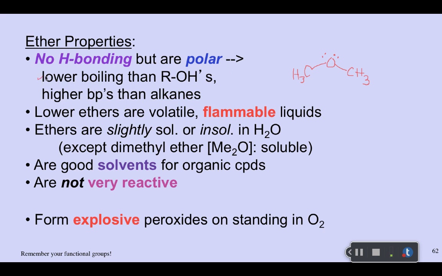This gives them much lower boiling points than the alcohols, but sometimes higher boiling points than alkanes, although it depends. Sometimes they're terribly similar to the alkanes because they only have one oxygen and similar numbers of carbons otherwise. So they don't always distinguish themselves in that respect. Somewhat polar, but not the most polar compounds you're going to see more later.